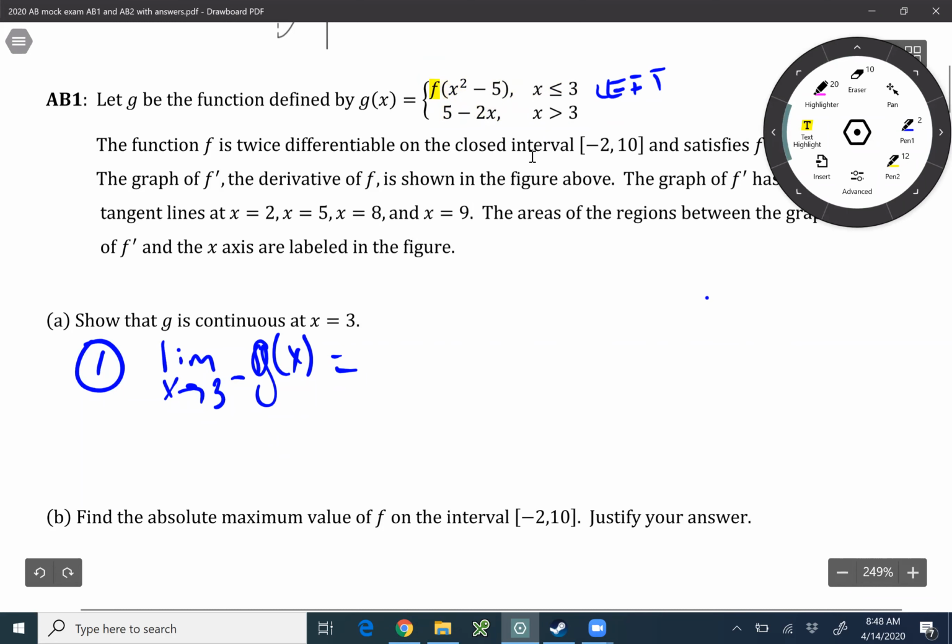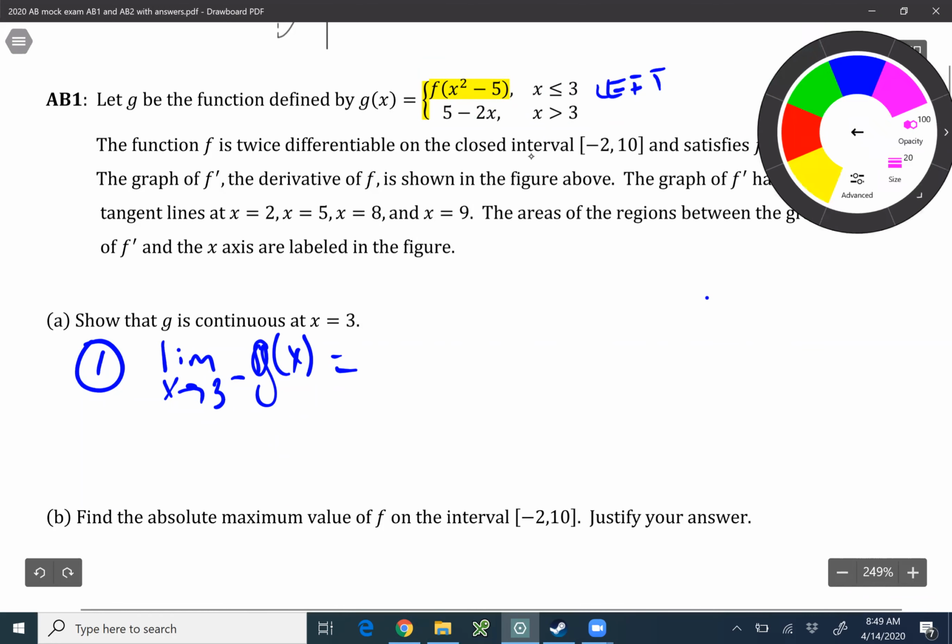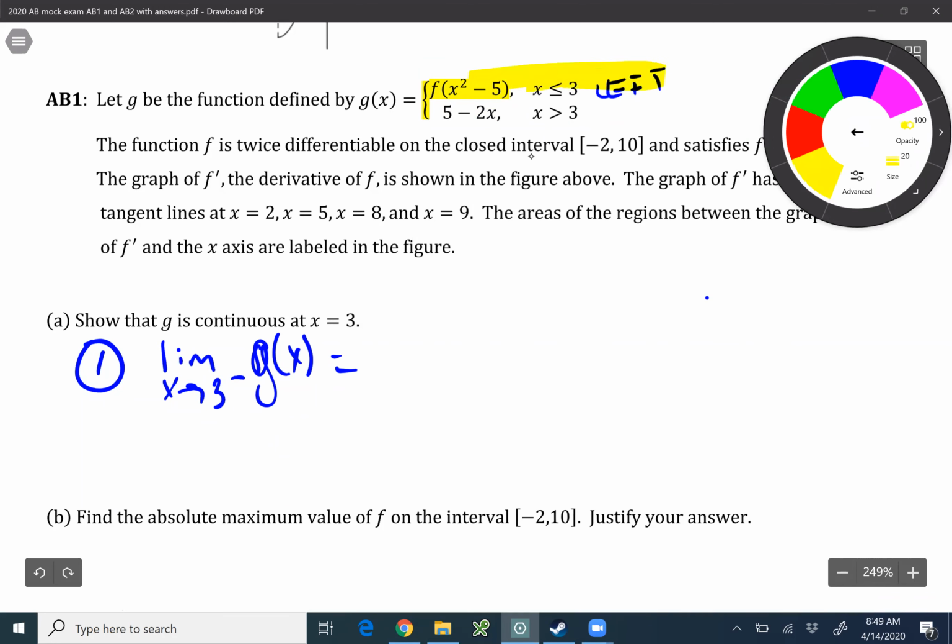So that's our left. And 5 minus 2x would be our right.